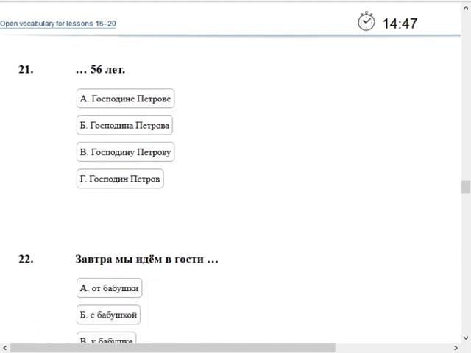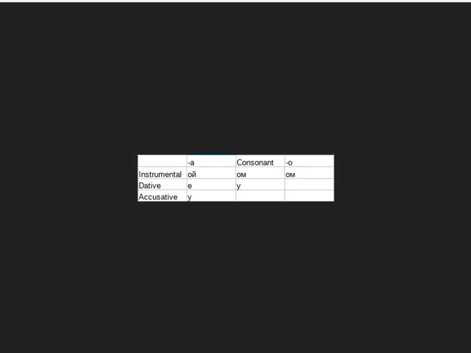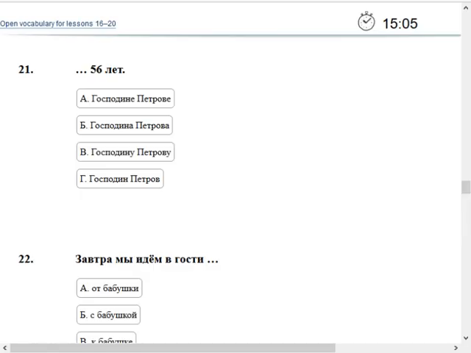And here we have Господин Petrov, Mr. Petrov. So both of these words are masculine. So what happens to masculine words ending in consonant? In the dative case, again, you put a u on the end. So Господин Petrov becomes Господину Петрову. Господину Петрову 56 лет.